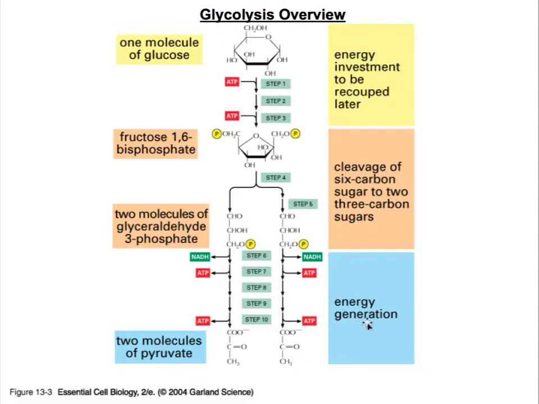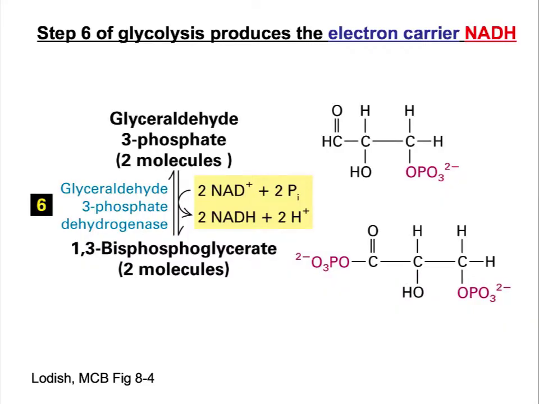And then finally, from step 6 to step 10, energy is recovered from this molecule and passed on to energy carriers. Steps 6 and 7 receive the most attention because they confuse the students sometimes.